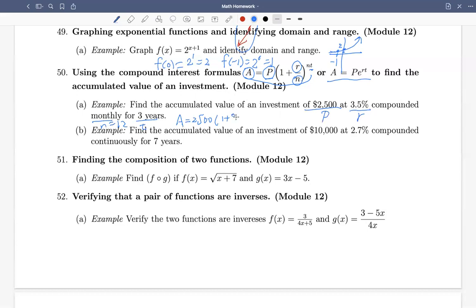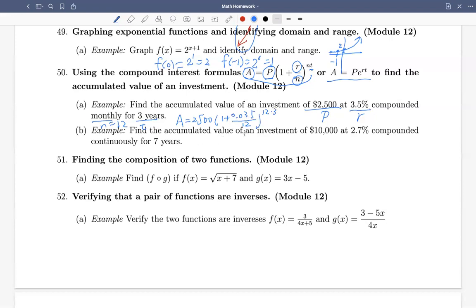We write that as 0.035 divided by 12, compounded monthly. Then raised to N times T, 12 times 3.